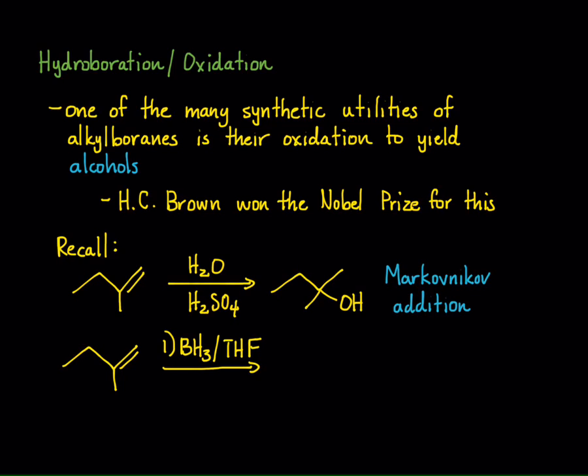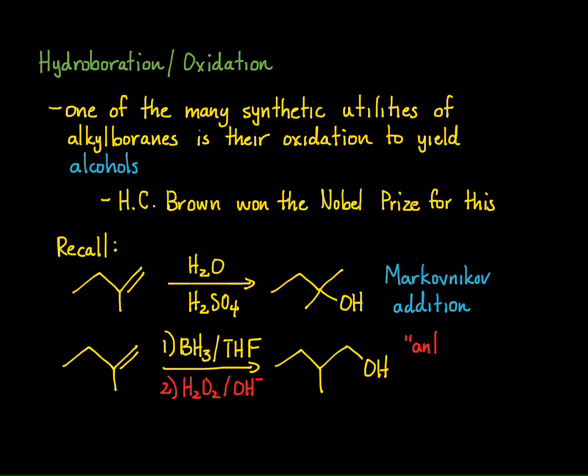And so if I can envision being able to remove that BH2 and replacing it with an OH group, in other words, oxidizing the alkyl borane with hydrogen peroxide in the presence of hydroxide, then I can get an alcohol in which the OH is on the least substituted carbon.